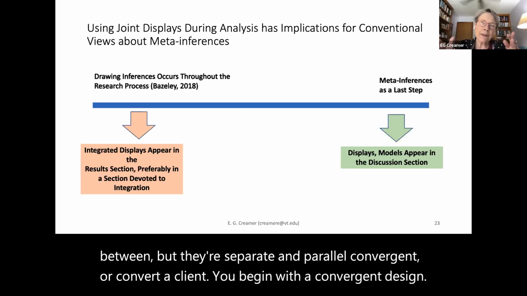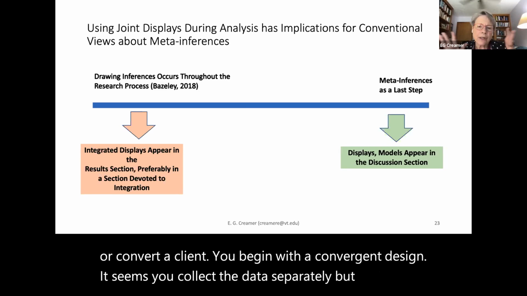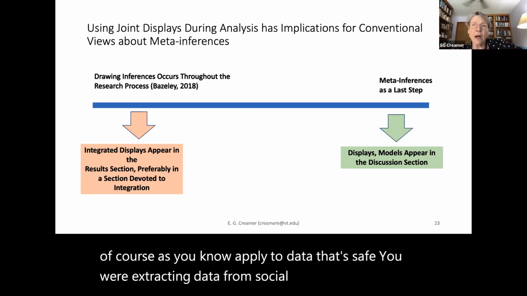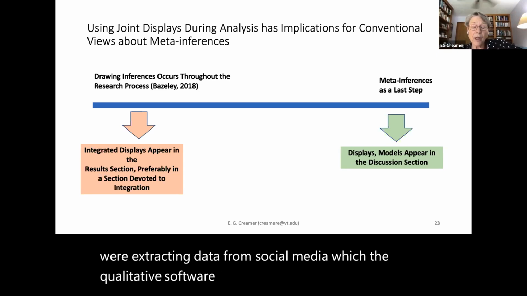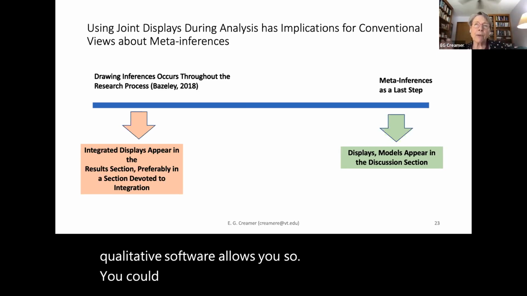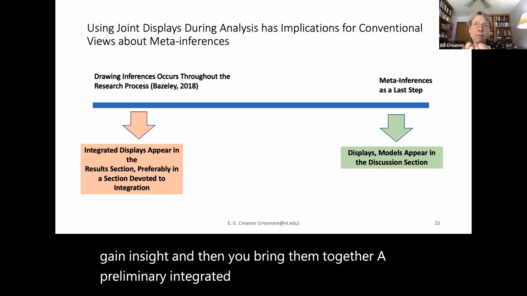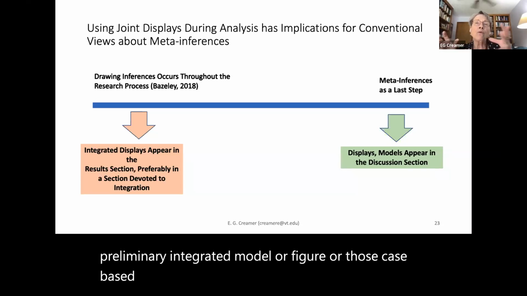It assumes you collect the data separately, but you could, of course, apply it to data that's, say, extracted from social media, which the qualitative software allows you to do. So you could analyze them separately and gain familiarity and insight, and then you bring them together in a preliminary integrated model or figure, or case-based analysis, to move to an integrated phase of analysis.